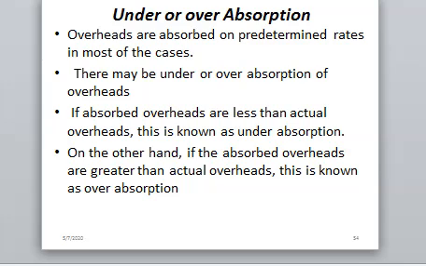So if you have an under absorption, you must recognize the overhead cost. However, if you have an over absorption, then you must recognize a gain of over absorbed cost. We shall discuss these in more detail when we are discussing marginal costing and absorption costing in our chapter number 7.